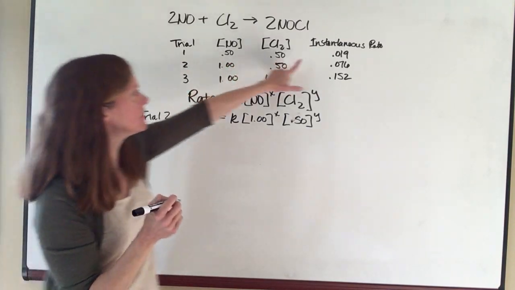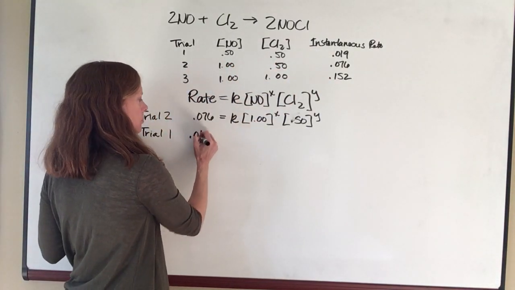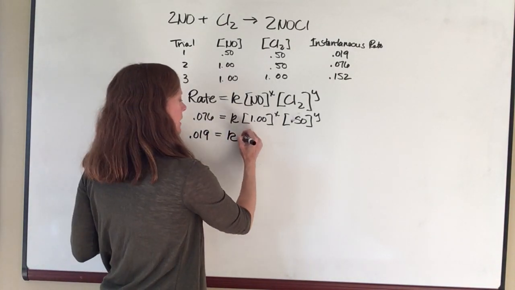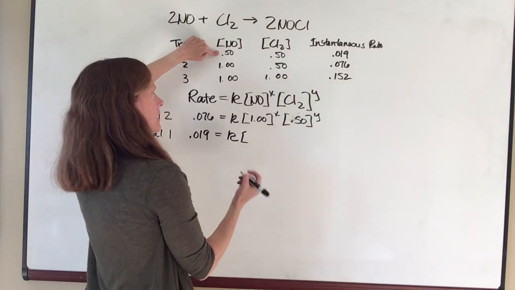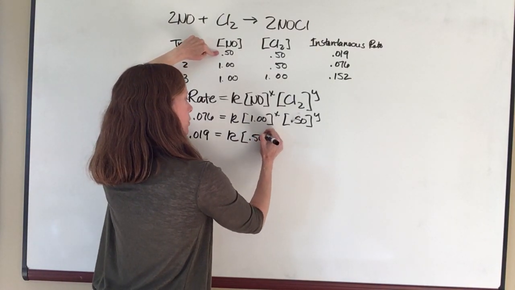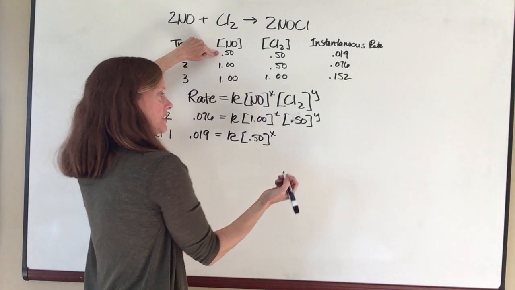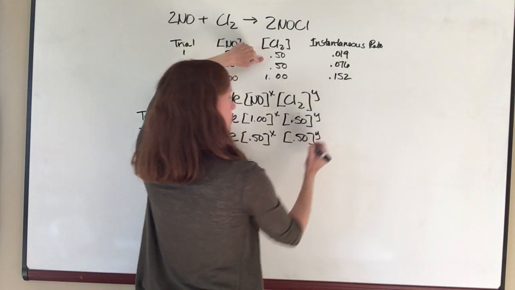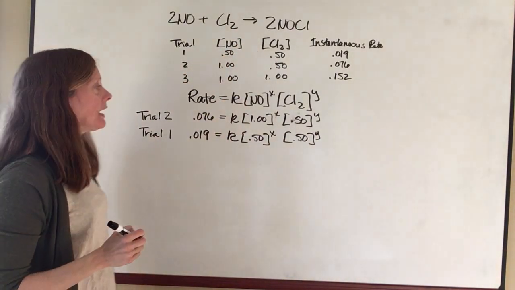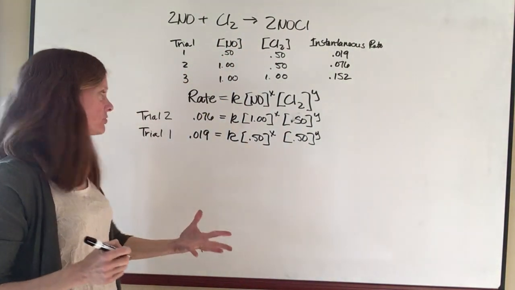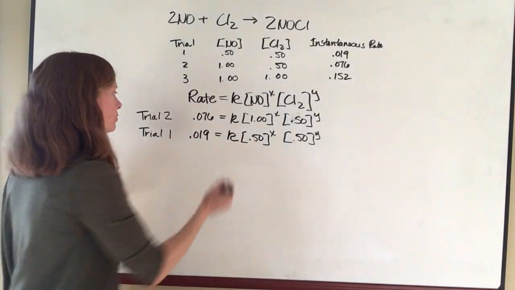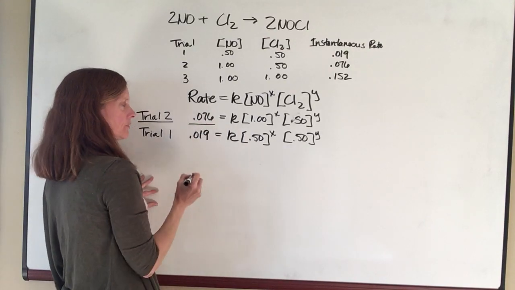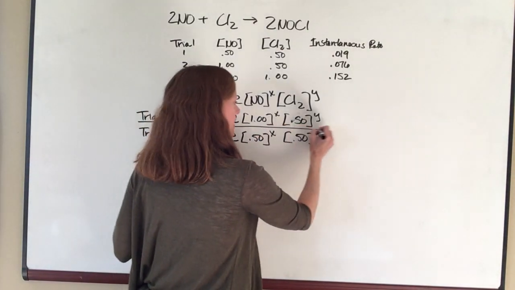For trial 1, the reaction rate is 0.019, and the k is the same for both of them, but in trial 1, the NO concentration is 0.50 raised to the same power, and the chlorine is 0.50 raised to some power, okay? Now what I'm going to do, as he explains in your book, is divide these two equations. So I'm going to take trial 2 divided by trial 1. This side divided by each other, this side by each other.